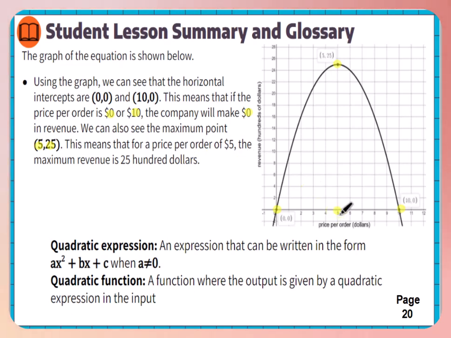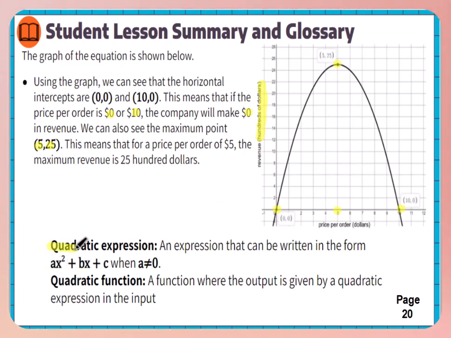If we charge $5 per order, the maximum revenue is $2,500, because right here on the left-hand side, our key says the Y's are hundreds of dollars. So we have a quadratic expression.